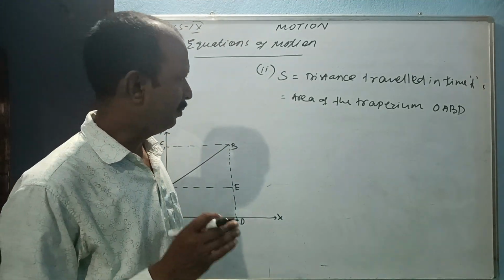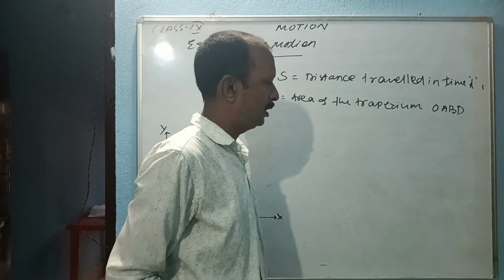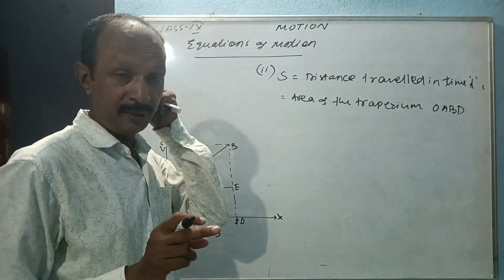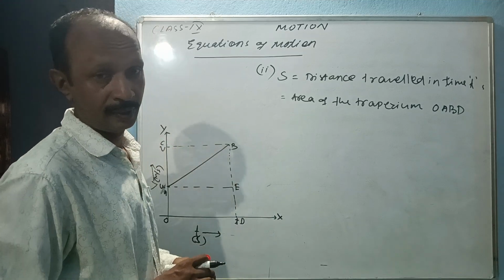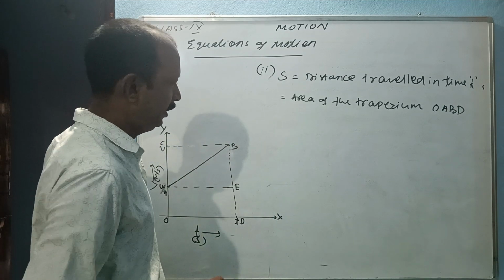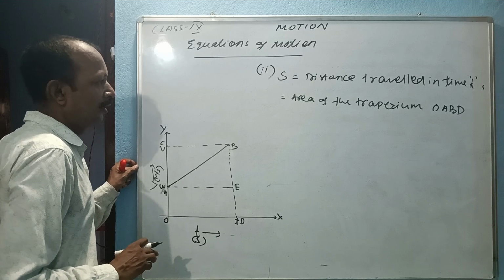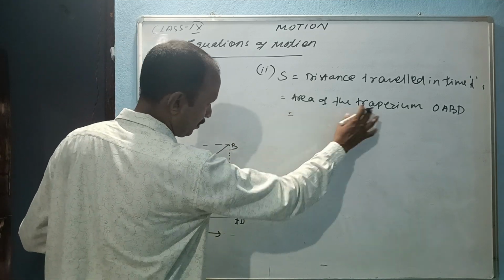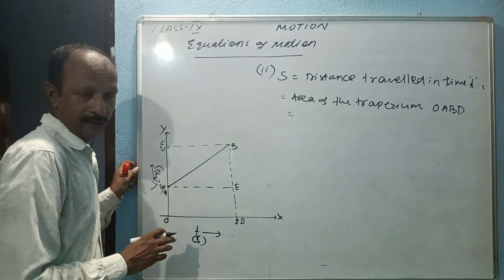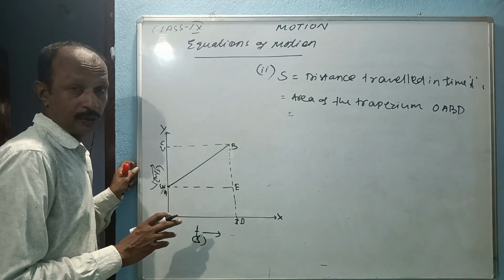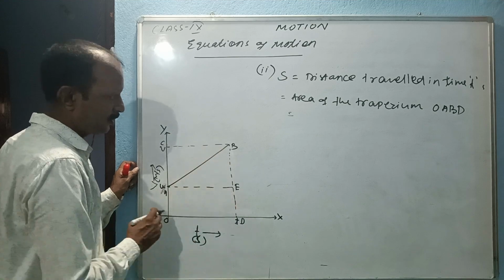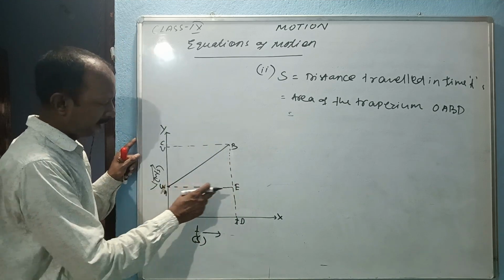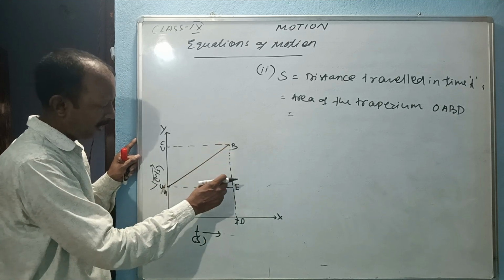At the same time I have written the area of the trapezium OABD. Why am I using the area? Okay, I shall explain it. See here. First I am deriving, then I shall tell the reason why the distance is equal to the area covered by this trapezium. Okay, so for the area of the trapezium, here I am dividing it into a rectangle and one triangle.